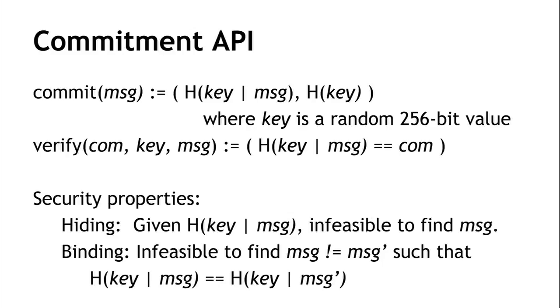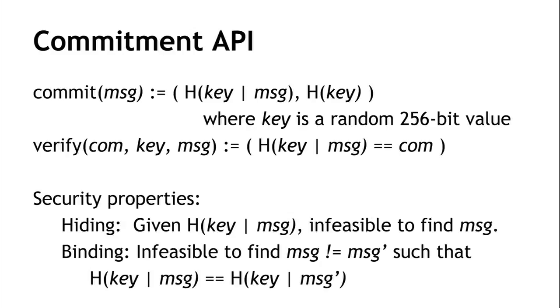And as the key value, we're going to return this key. And then later, to verify, someone is going to compute this same hash of the key they were given, concatenated with the message, and they're going to check whether that's equal to the commitment that they saw. Okay, so this is a way of using hash functions both in the commitment and in the verification.